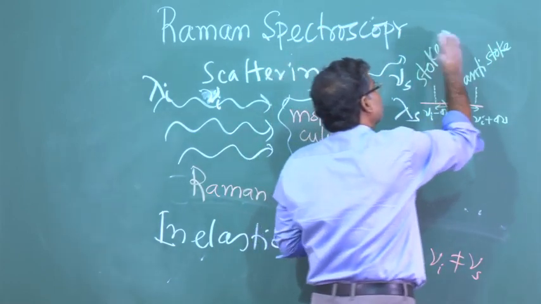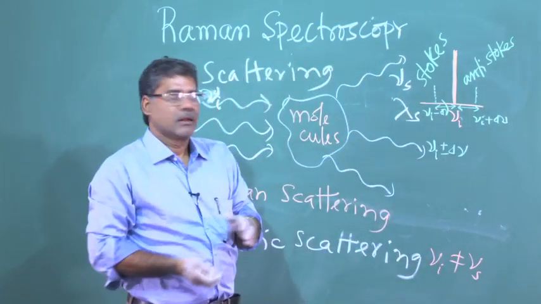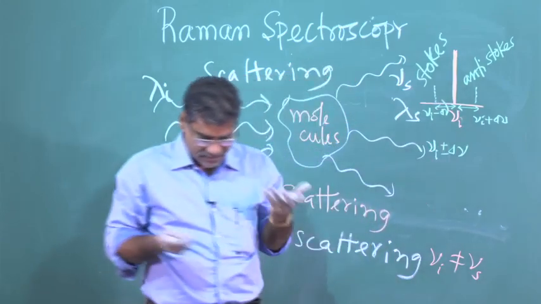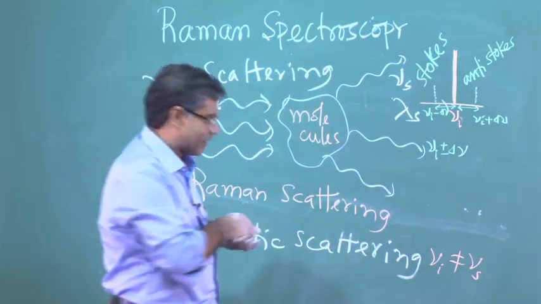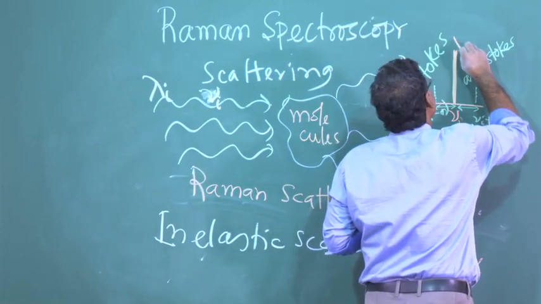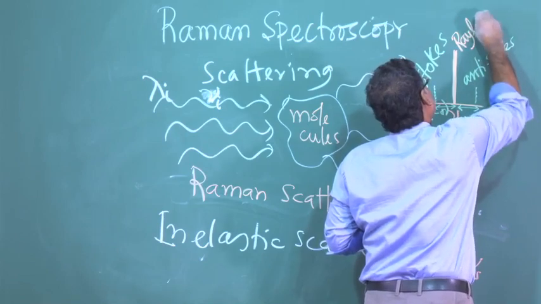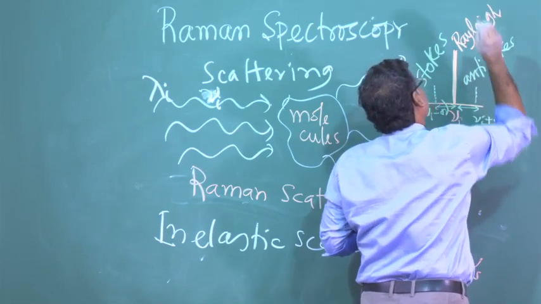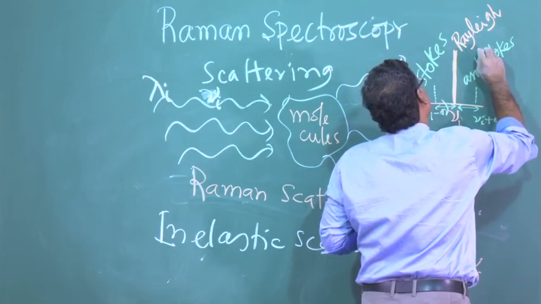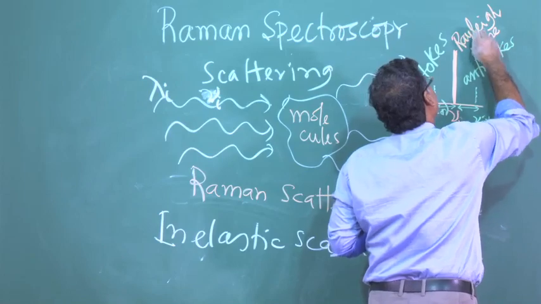The original one is called Rayleigh scattering, the Rayleigh line.